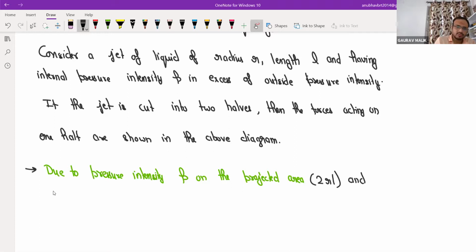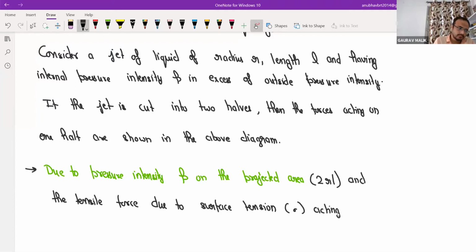And the tensile force due to surface tension sigma acting along the two sides, that is 2L.